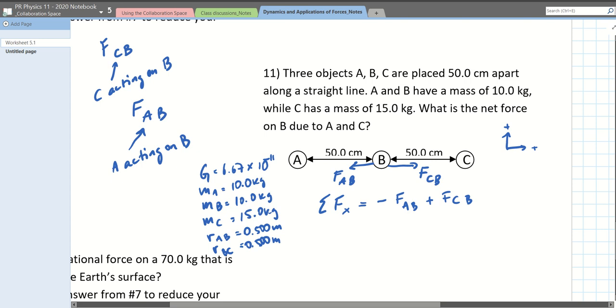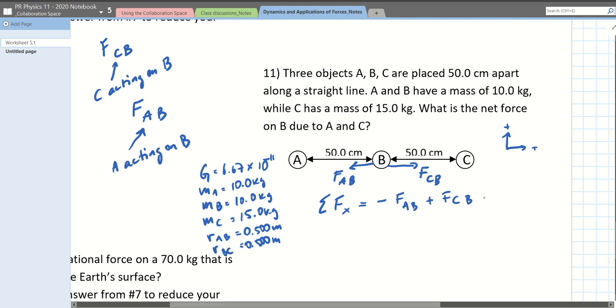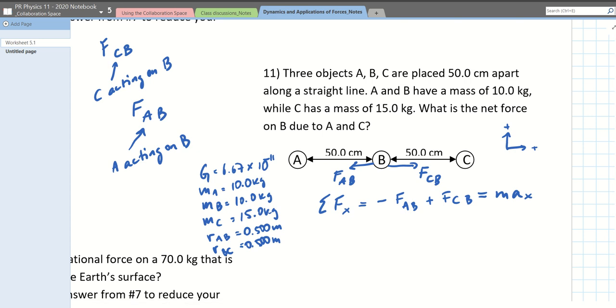Now, in addition, if I were to modify this question a little bit, I could also ask you to find the acceleration due to the forces acting on object B. I could ask, what is the actual a value here? Because you know the mass of B, and once you know the left side of this equation, you can find the acceleration as well. That'll be maybe part B that I could ask you on a question like this.